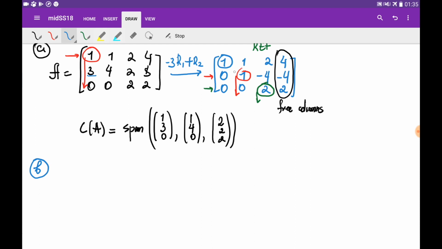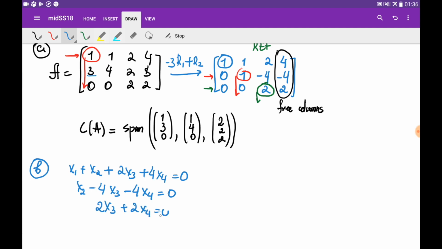So let me write down the system of linear equations, which is going to be x1 plus x2 plus 2x3 plus 4x4 is equal to 0, x2 minus 4x3 minus 4x4 is equal to 0, 2x3 plus 2x4 is equal to 0.